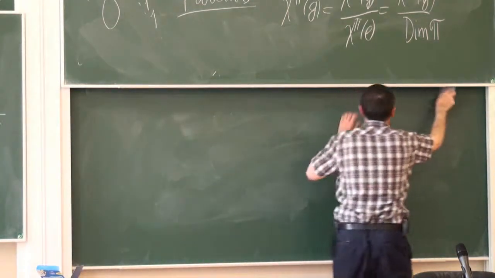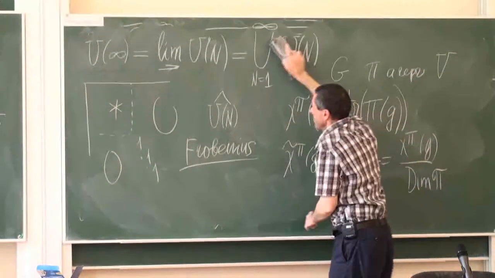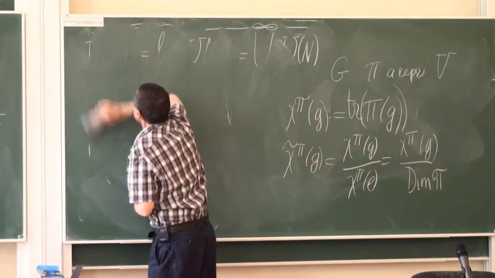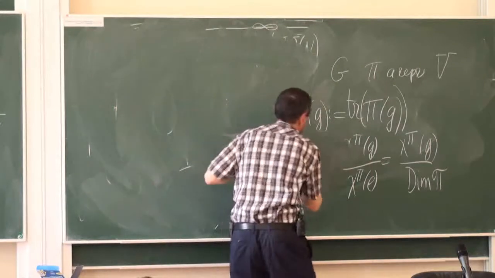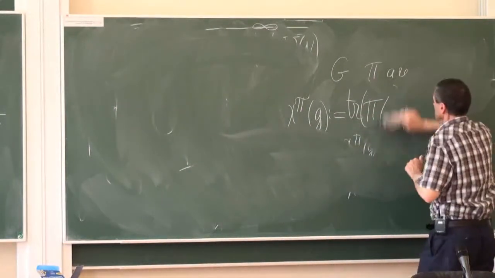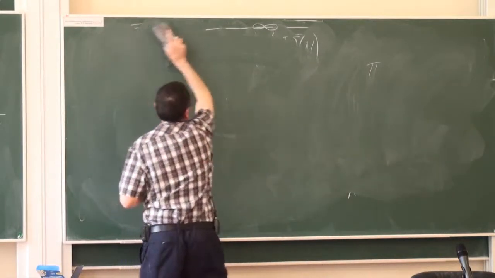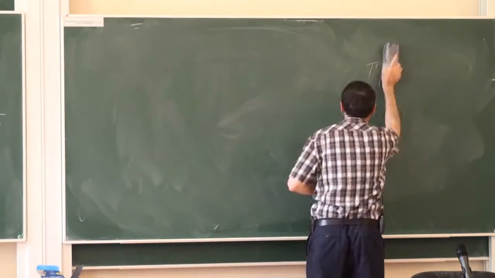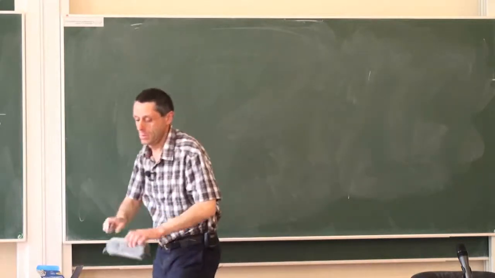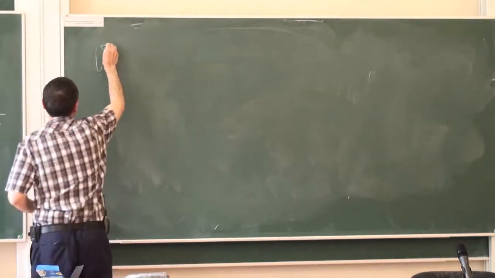But what does this mean? The source of a Dyson model is the Brownian motion on the unitary group. Namely, take the unitary group.